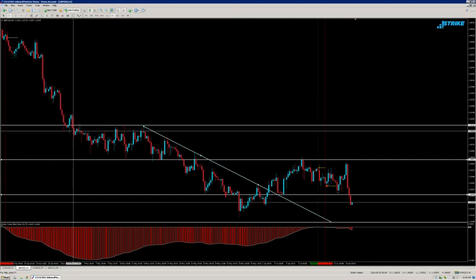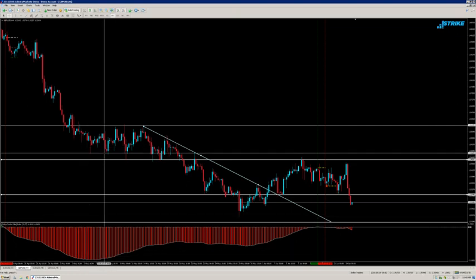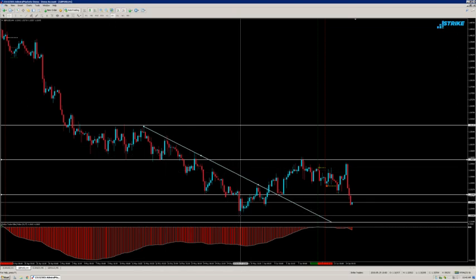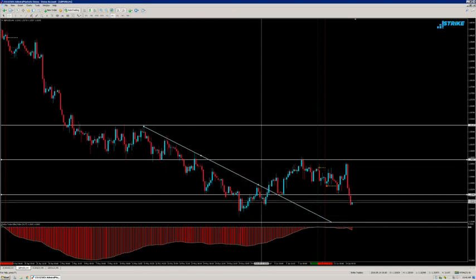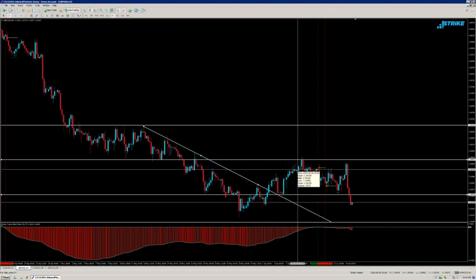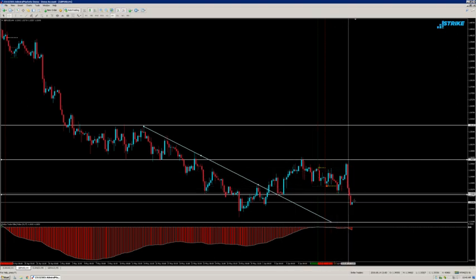The momentum was obviously the strongest, and of course the momentum indicator is showing this here. But even so, once we had a more significant low here, the move upwards was not showing a massive amount of momentum. So overall, you can just say, okay, the stronger momentum is still to the downside.